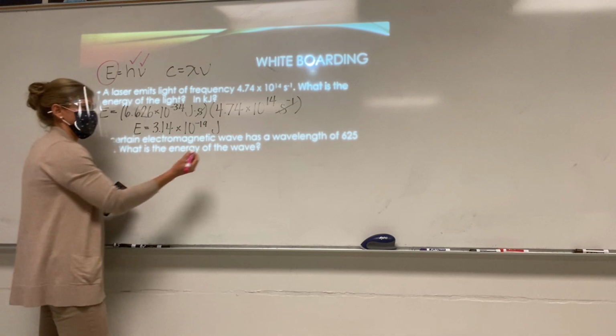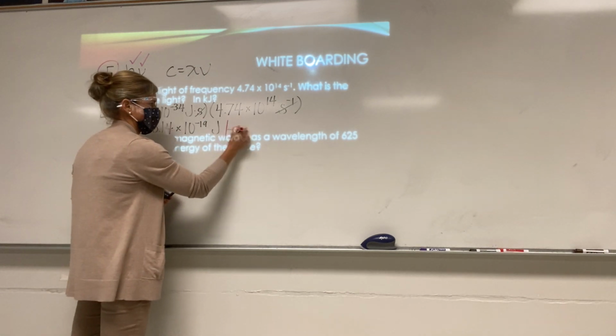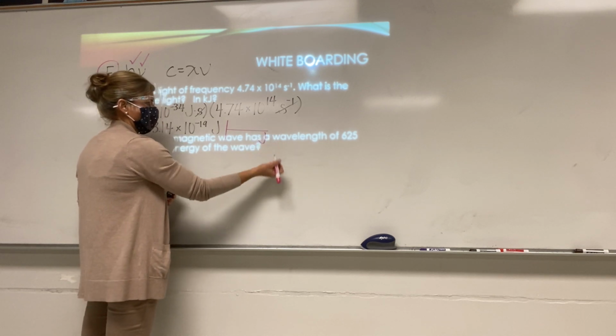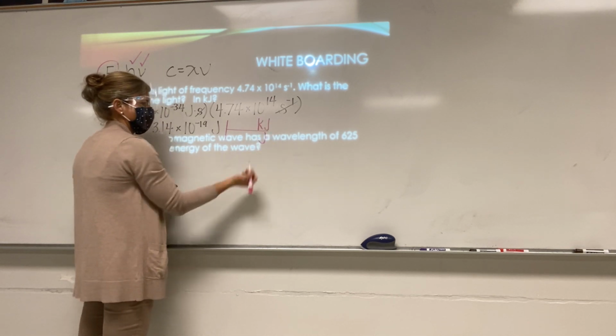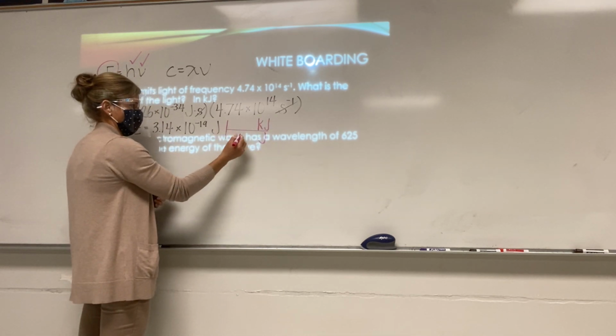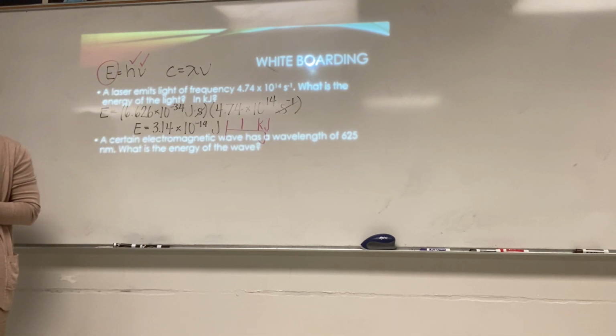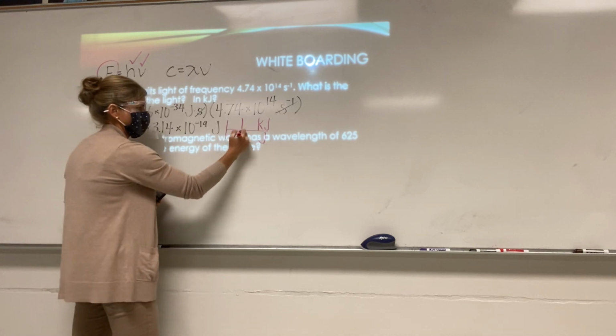It asks for kilojoules, all right? So now set up your conversion factor. Joule is on top, so I need to put joule on the bottom, kilojoule on the top. Kilojoule is larger, so that goes with my 1,000 joules.